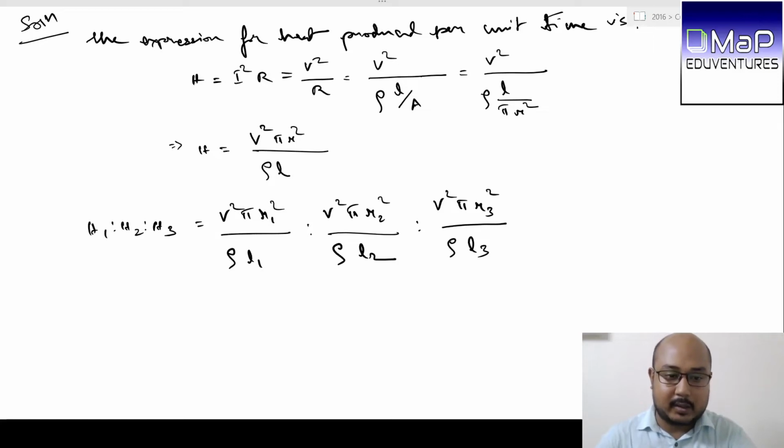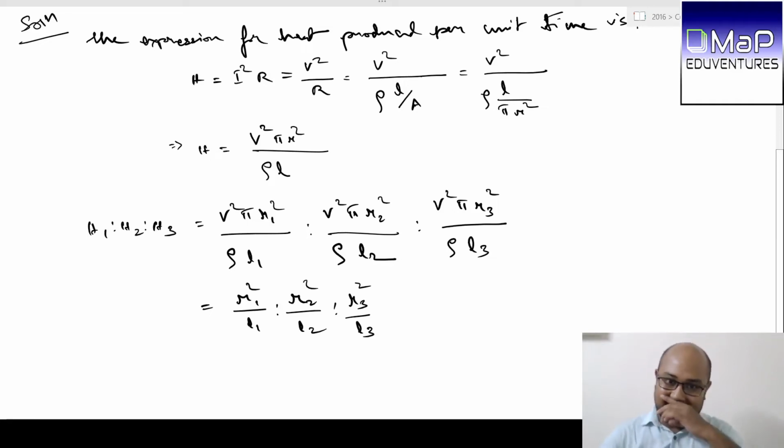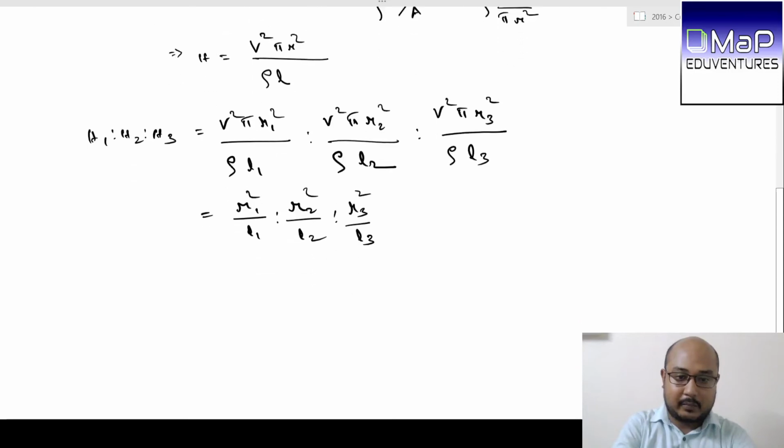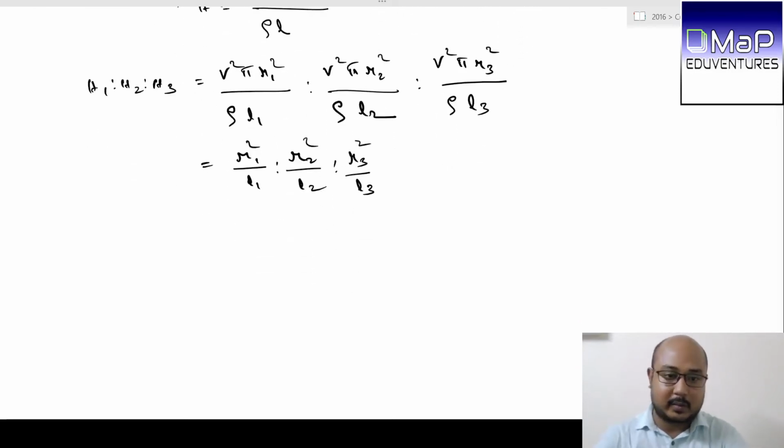The common quantities will cancel out, then we are left with r1 square by L1, r2 square by L2, and r3 square by L3. Okay, so now we substitute the values. We already have the values of r1, r2 and r3 and L1, L2, L3 as ratios, so if we put them as ratios, in place of r1 we will get 1 square by 1.